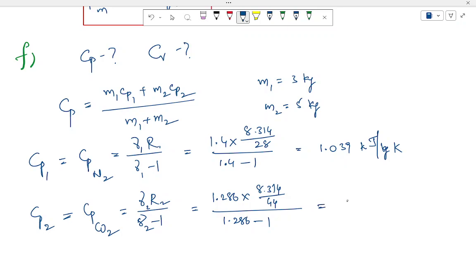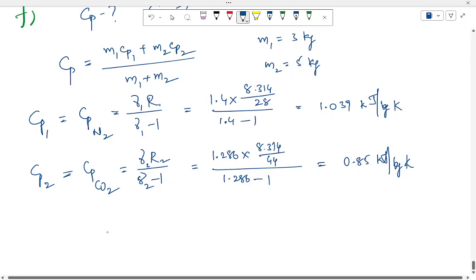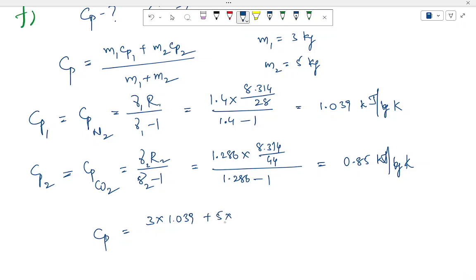That will give you a value of 0.85 kilojoule per kg Kelvin. So now you can substitute these values into the Cp expression. You will get 3 into 1.039 plus 5 into 0.85, divided by 3 plus 5, which will give you a value of 0.92.